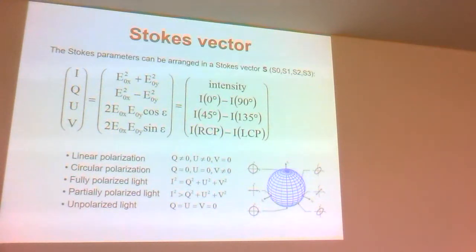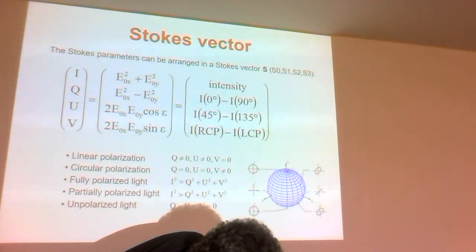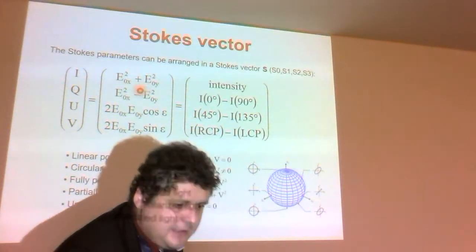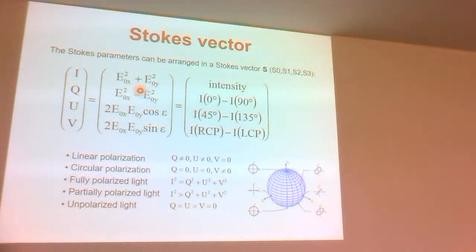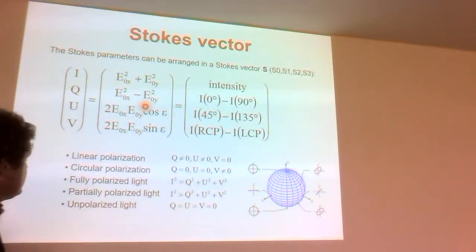If we measure co- and cross-polarized light, the sum of them will give us the first parameter in the Stokes vector, and the difference will give us the second.